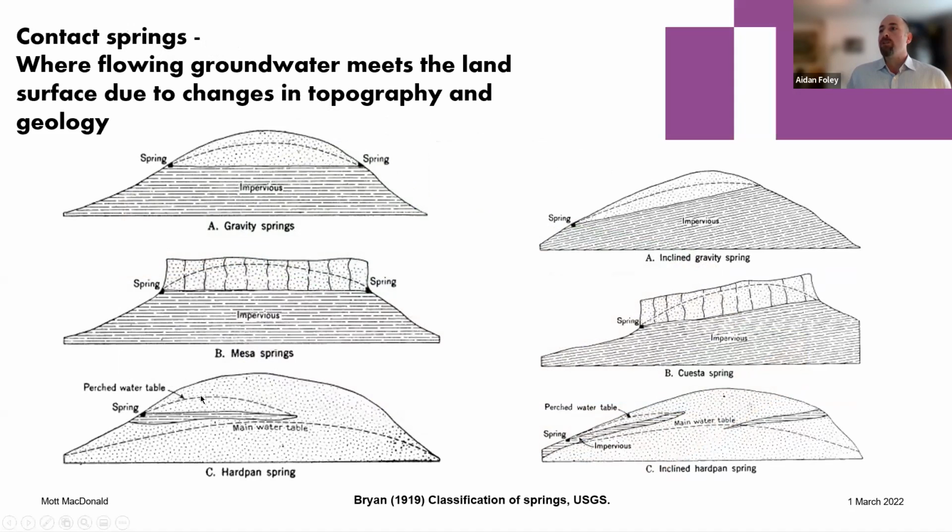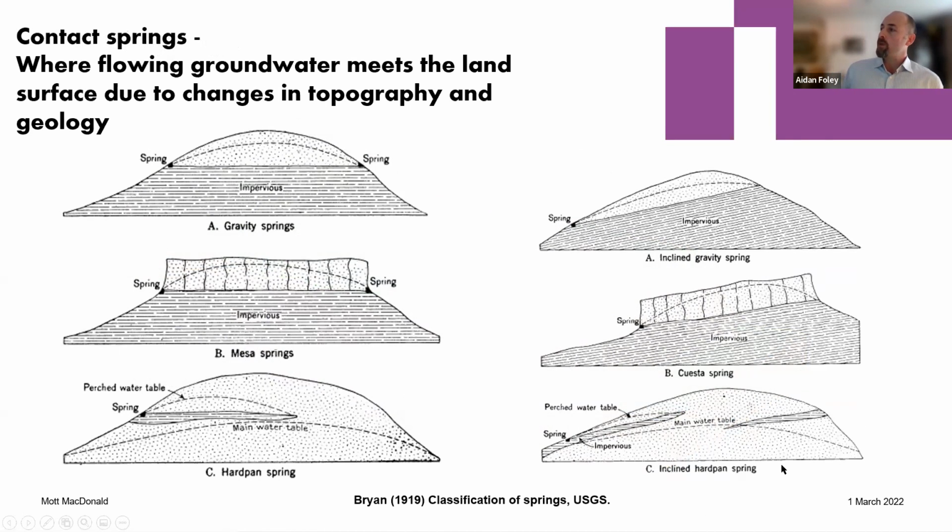And here we have a perched water table. In the context of Northern England, this might be a glacial clay overlain by a fluvio-glacial sand and gravel, and you may have discharge from a perched water table, controlled by the position of the low permeability strata.